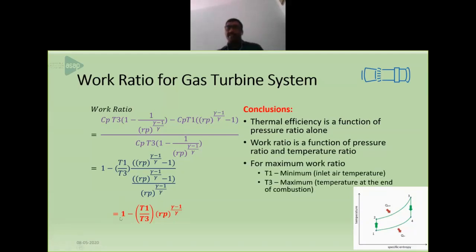And if you closely observe this equation, because it is 1 minus something, when T1 is minimum, that is the inlet air temperature, and the maximum temperature, that is the temperature at the end of combustion, is maximum, then you can say it is the ideal condition, or you will get the maximum work ratio.